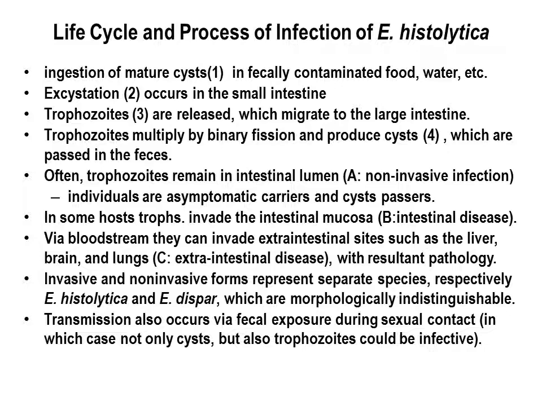Ingestion of mature cysts in fecally contaminated food, water, etc. Excystation occurs in the small intestine. Trophozoites are released, which migrate to the large intestine. Trophozoites multiply by binary fission and produce cysts, which are passed in the feces.